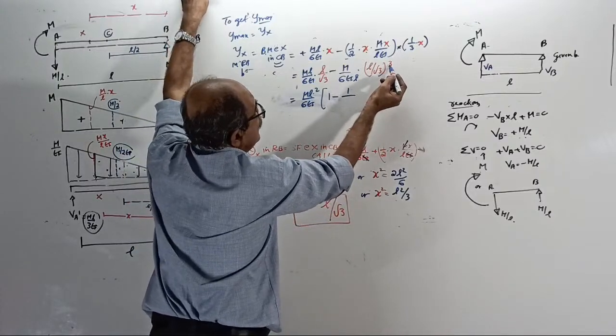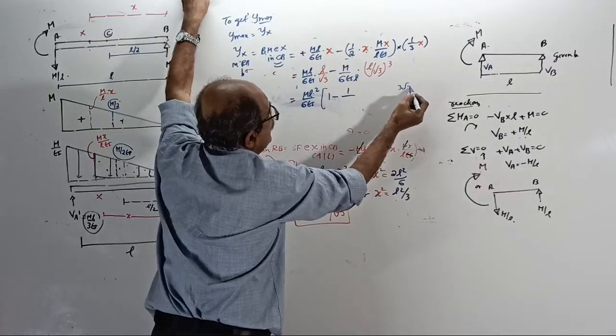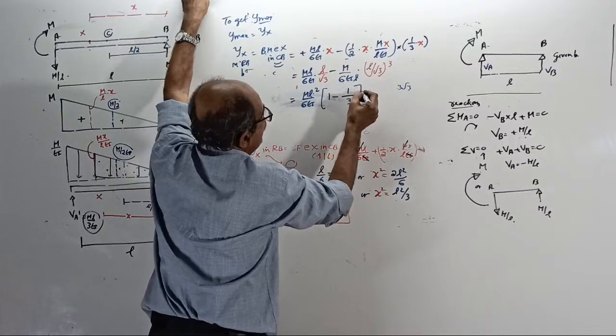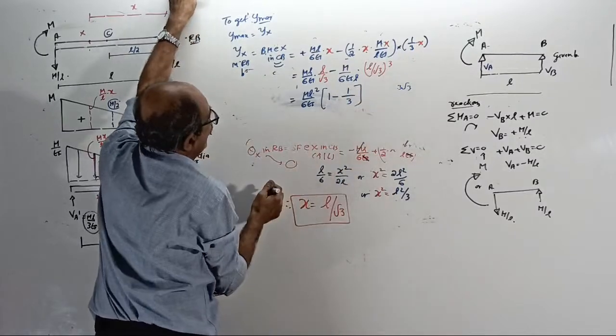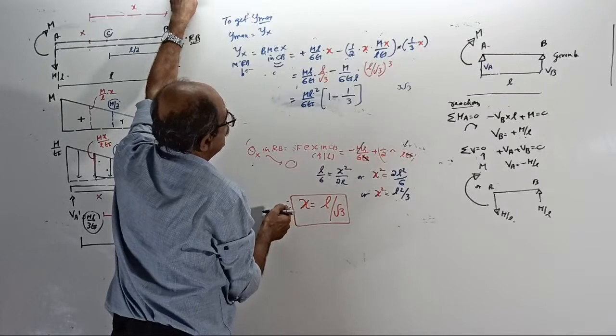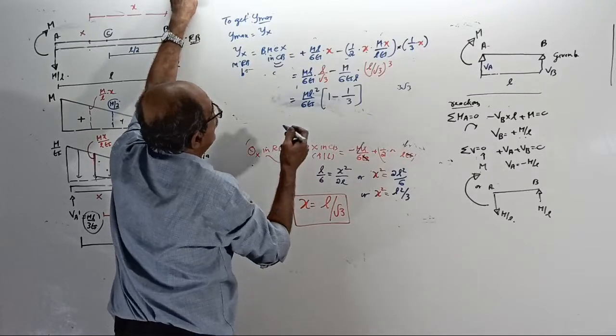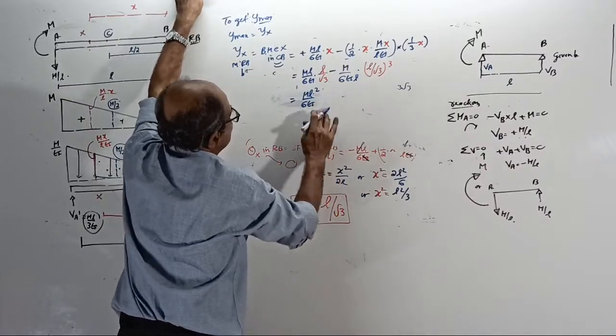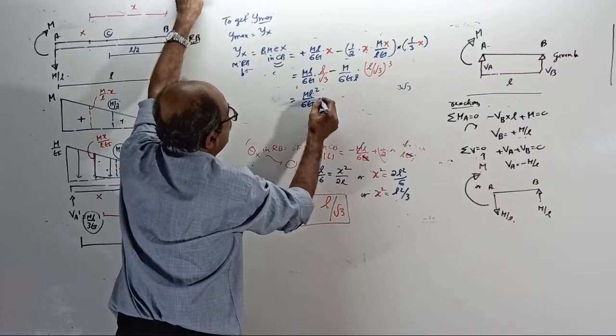See, root 3 cube is 3 root 3. That 3 root 3 has gone outside by 3. Something 9 root 3 should come. Something happened there. ML square by 6EI, also take root 3 outside.